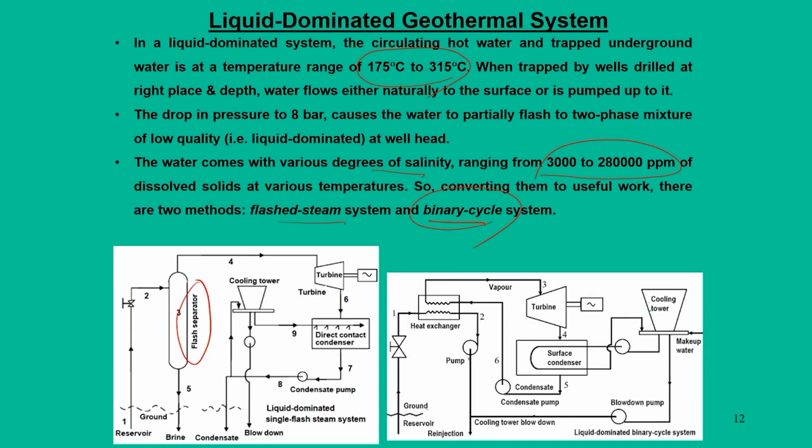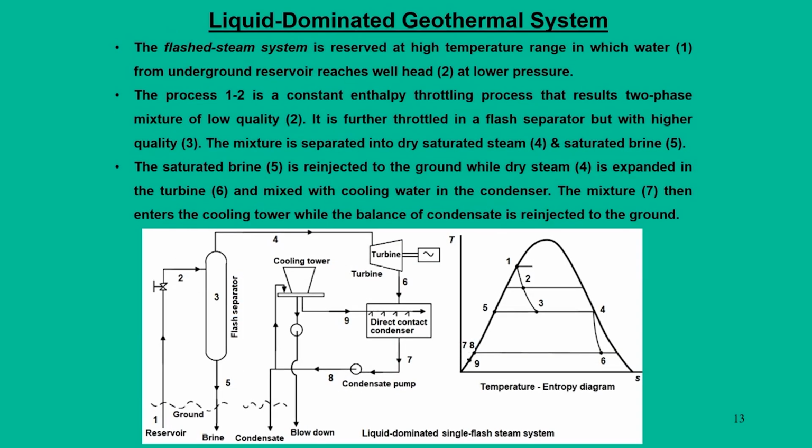Now, let us try to understand the basic difference between a flash steam system and a liquid dominated one. From the underground reservoir we get this brine, and this brine enters the flash separator, which is the most critical part of a liquid dominated system, because brine contains high salinity water.